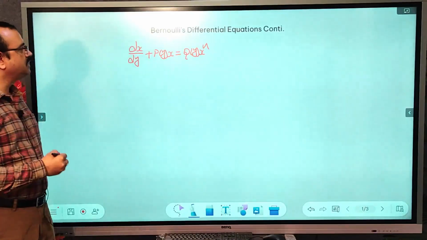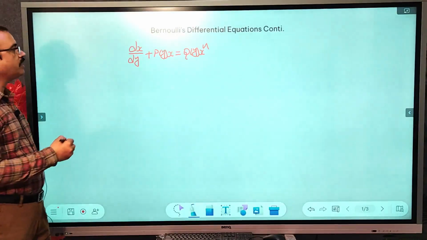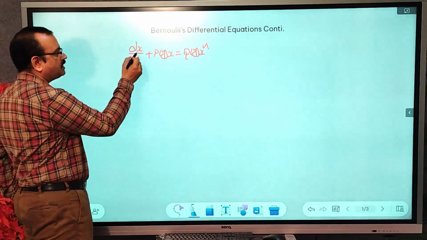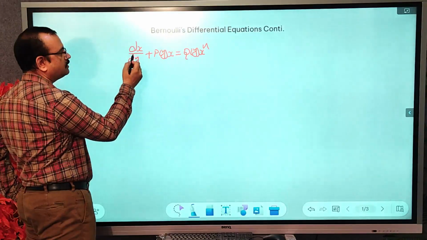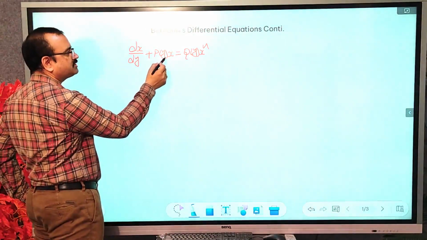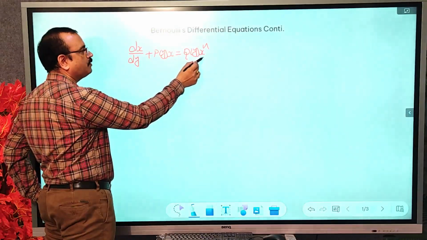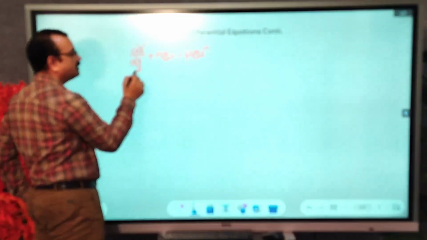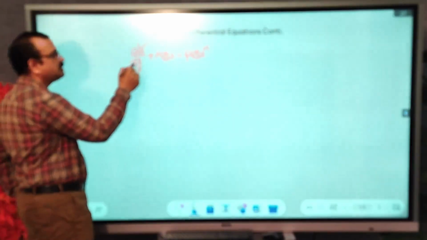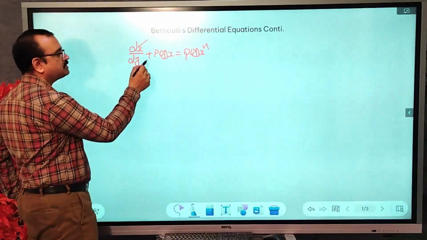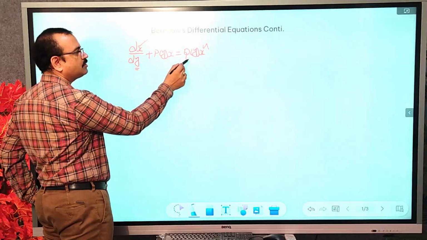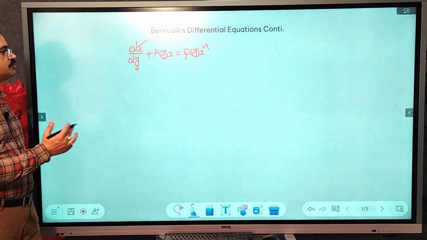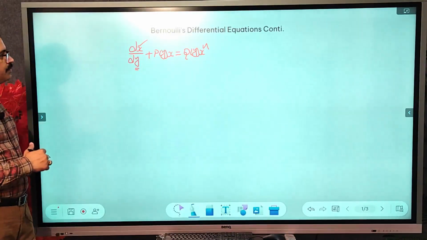If y is dependent and x is independent, then we get dy by dx plus p of x into y is equal to q of x into y power n. But here x is dependent and y is independent, so in this case the general form is given as dx by dy plus p of y into x is equal to q of y into x power n. Here also we will follow the same procedure as we did in the previous case.